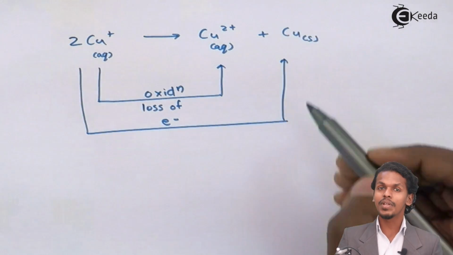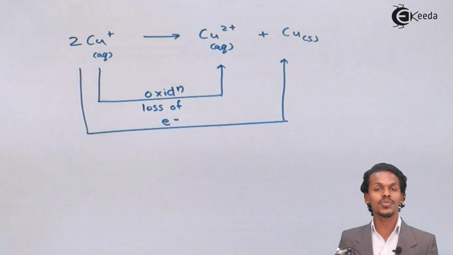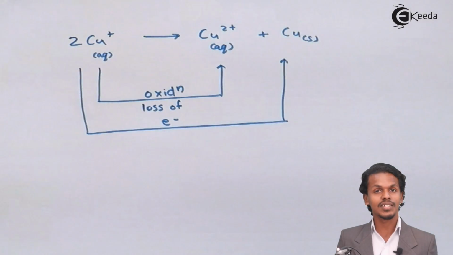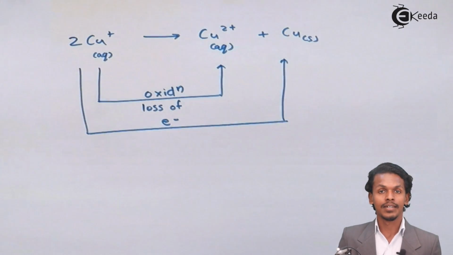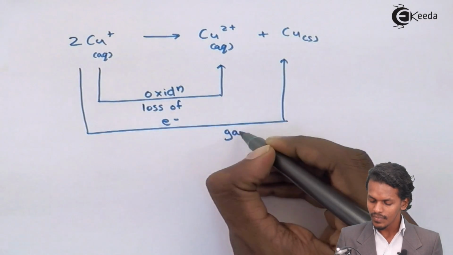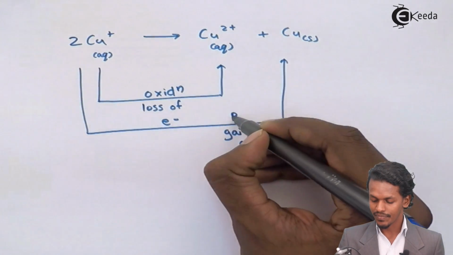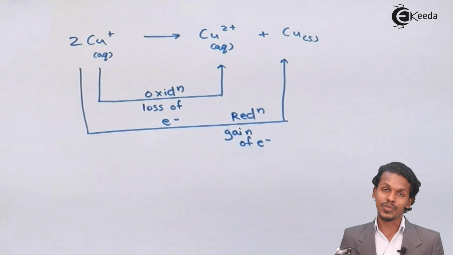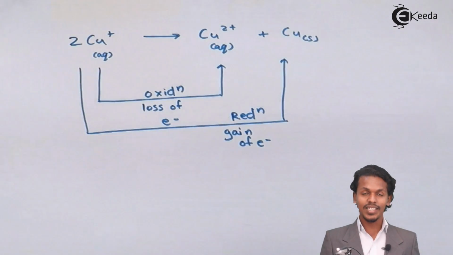This is only possible if Cu plus accepts or gains an electron so as to lose the positive charge and acquire zero charge on its atom. So in this case there is gain of electron, and hence this is a reduction process. Now we can easily predict which one is anode and which one is cathode.